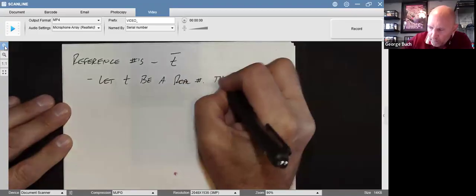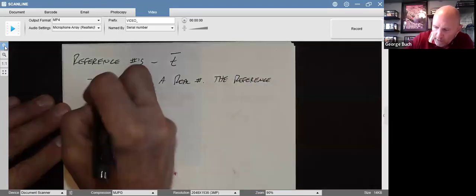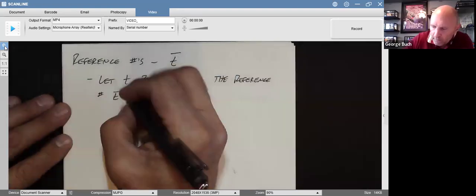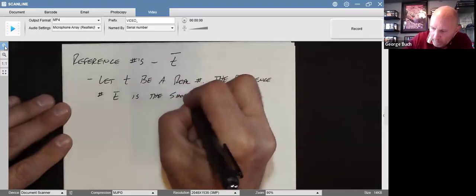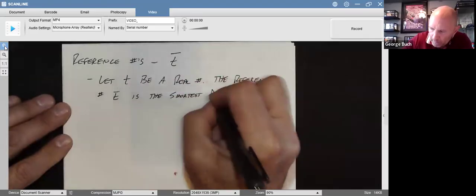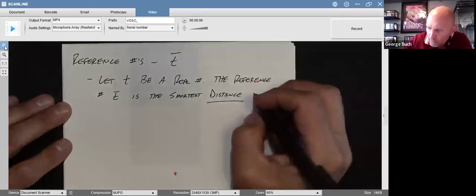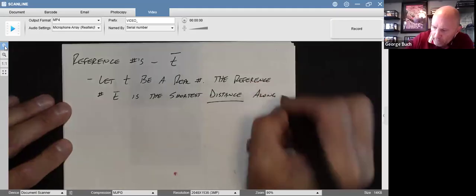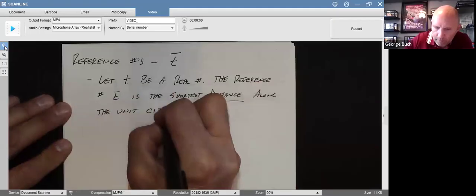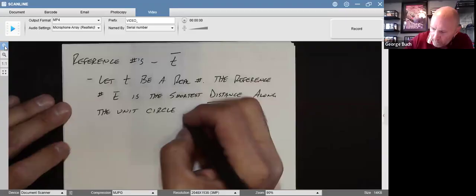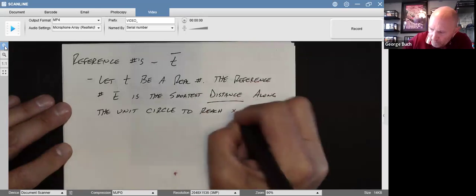The reference number, notated T bar, is the shortest distance along the unit circle to reach the x-axis.